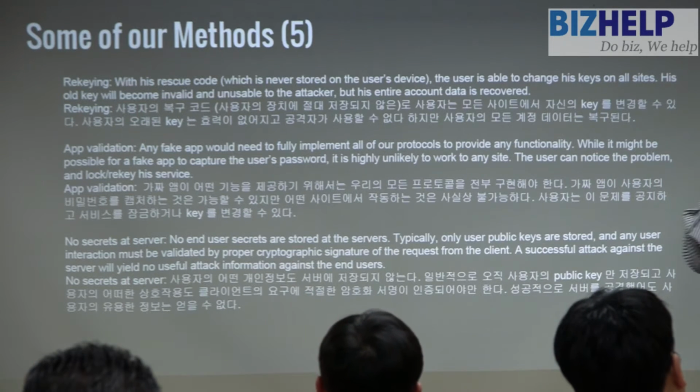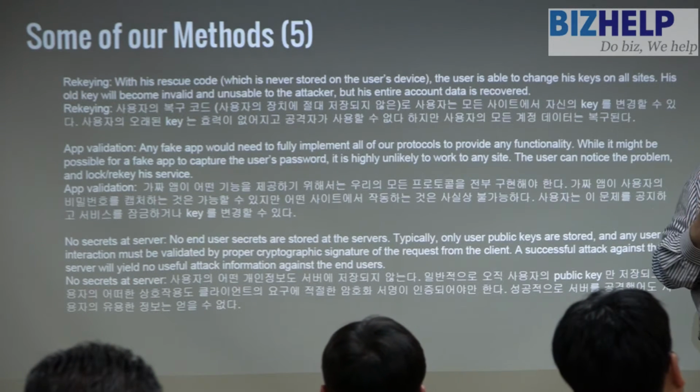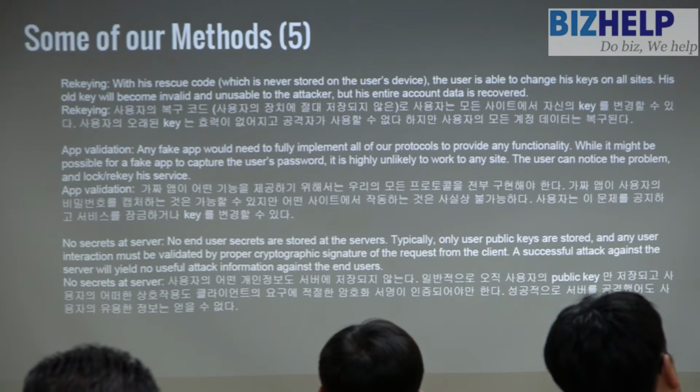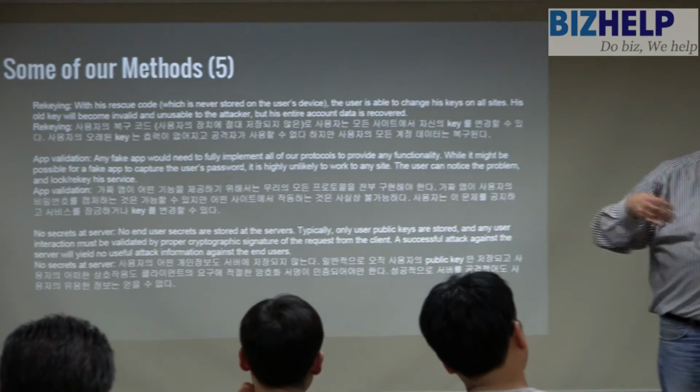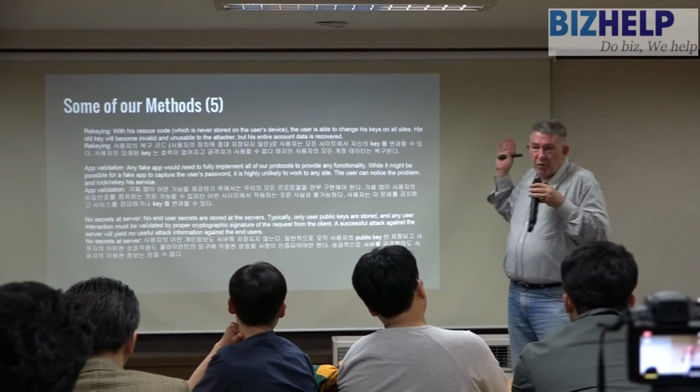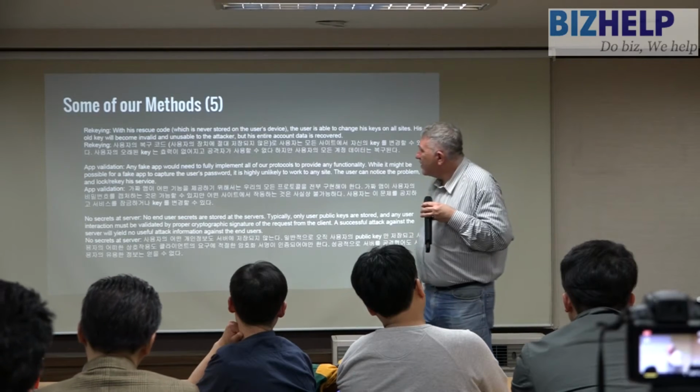Once he learns the passwords there, now I have a username password pair. I can go try that on a bunch of other sites because most users are stupid and reuse passwords. Right. It works shockingly well.